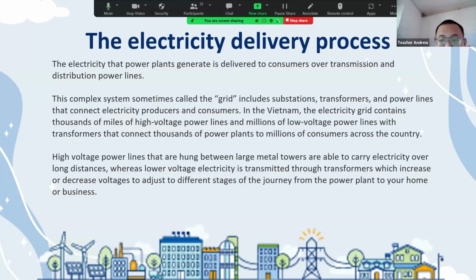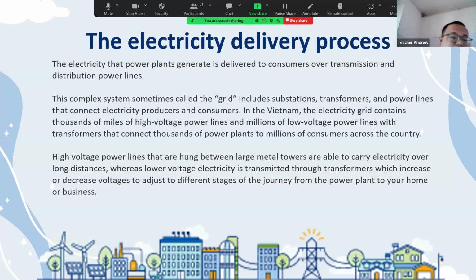I believe in Vietnam, the grid contains 1,000 miles of high voltage power line, all the power lines you see outside, and millions of low voltage lines with transformers that connect thousands of power plants to millions of customers across the country.